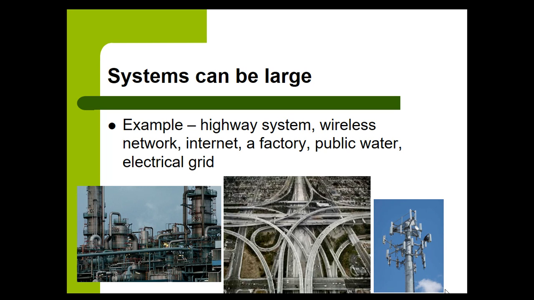Another really large system is a cell phone system. When we go use our cell phone, it's not just a connection from one phone directly to another. It has to go from our phone to a cell tower, and then that cell tower is going to locate where the other phone is, and it's going to send a message out there. Now think about it. When you go to use your cell phone, you might not be by your local cell tower.